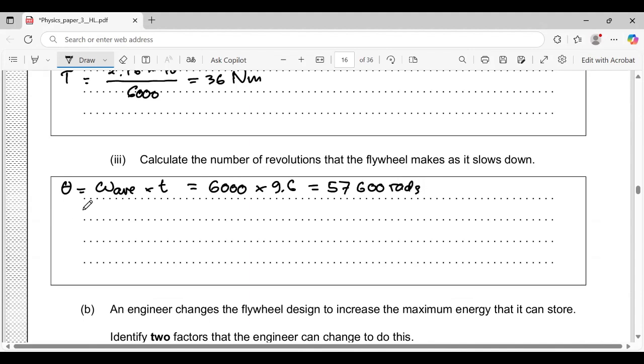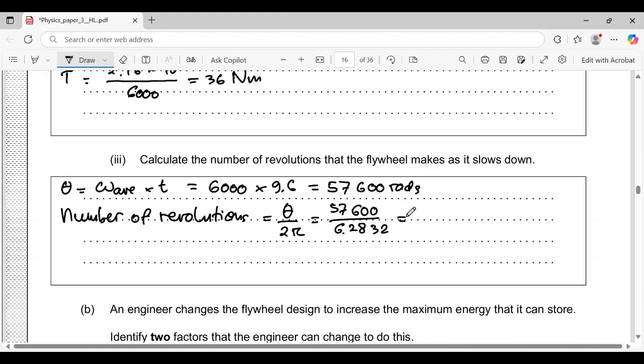Now we are going to convert radians to revolutions. Number of revolutions equals theta over 2 pi, 57,600 over 6.2832, and the result is 9,170 revolutions.